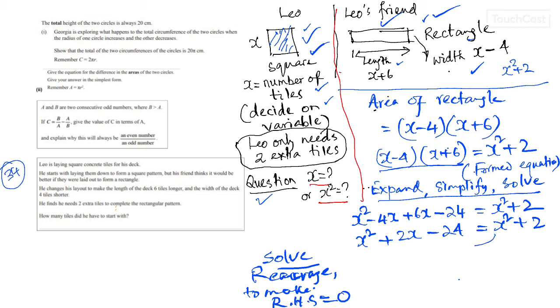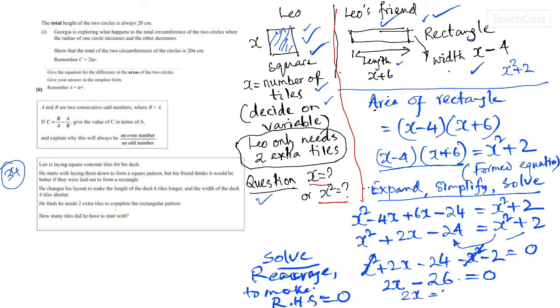So I'm going to transfer all these, and that'll give me x squared plus 2x minus 24 minus x squared minus 2 equals 0. This cancels out. I'm left with 2x minus 26 equals 0, and if I solve it, that'll give me 2x equals 26, so x should be 13.